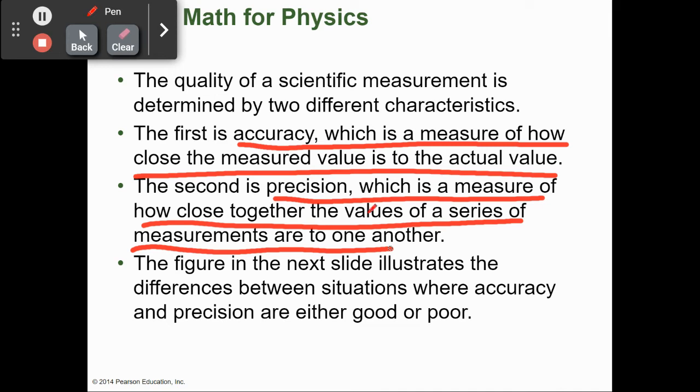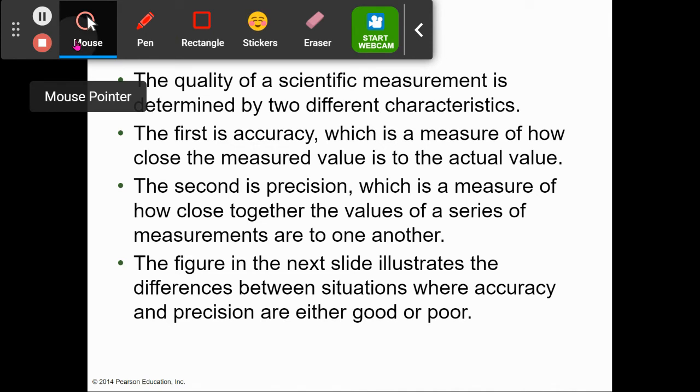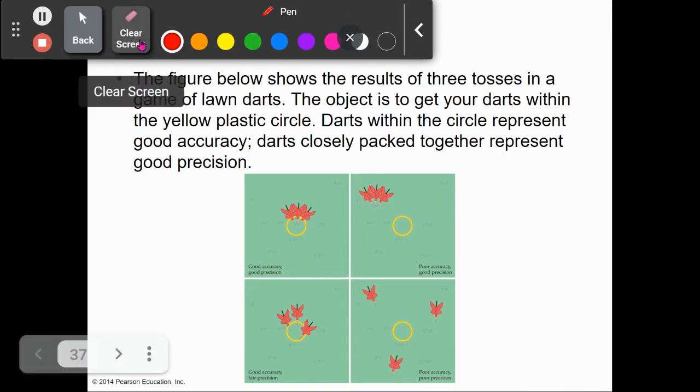Okay? So the next slide demonstrates an illustration of the differences between precision and accuracy. All right? Are we ready? All right, so the figure below, hopefully y'all can see that. That circle, I can't see it very well.